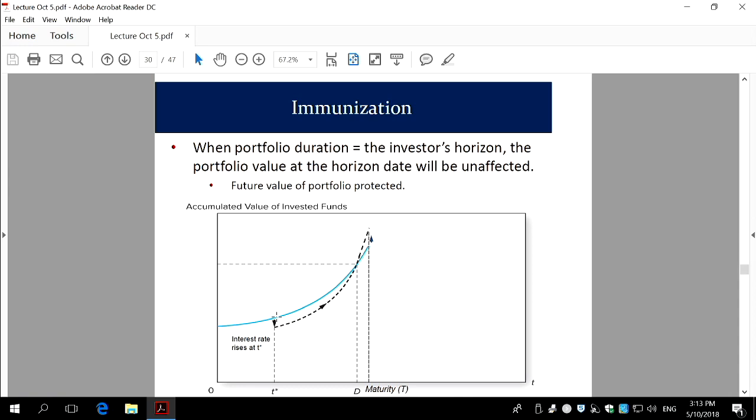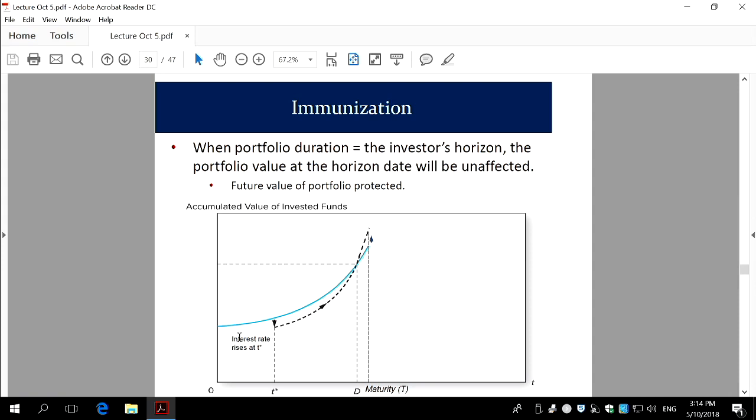So today's bond price is lower than the par value. But when the time approaches maturity, the bond price will approach the par value, right? This is what we learned last lecture. So this blue curve just shows you that as time approaches maturity, the bond price will approach the par value.